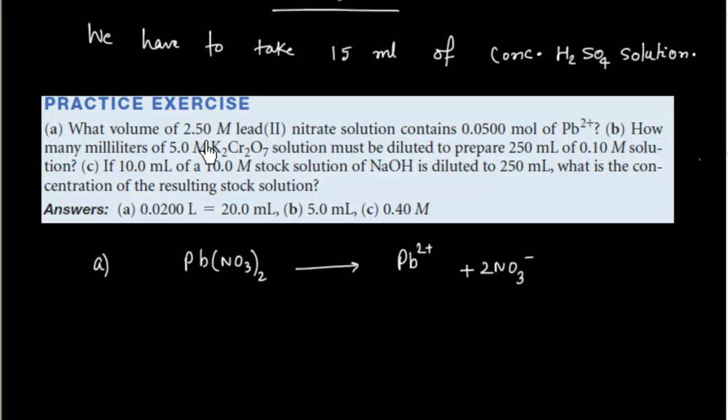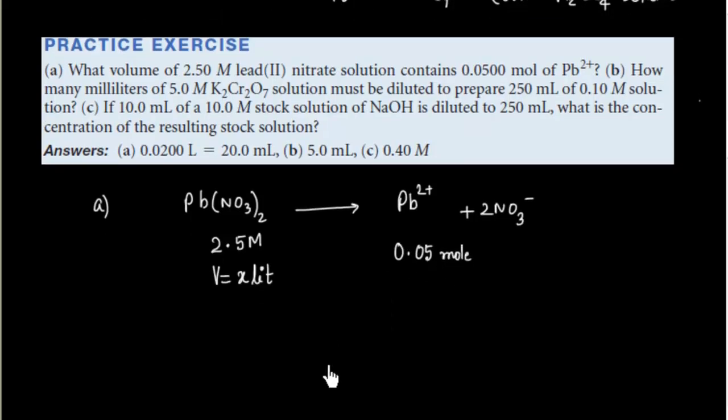We have been given the lead nitrate concentration, that is 2.5 M. We have to calculate what volume of lead nitrate should be taken so that it has 0.05 moles of Pb2+.